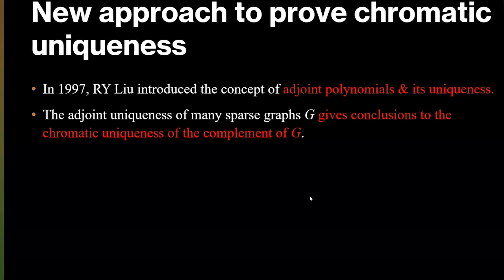He studied the adjoint uniqueness of a graph G and used it to get many new graphs, G complement, that are chromatically unique. Motivated by this, I decided to work on the complement side of a graph.